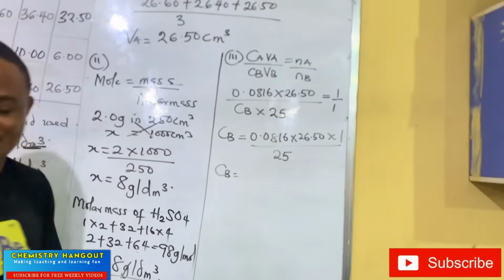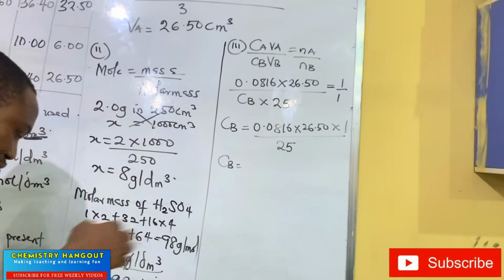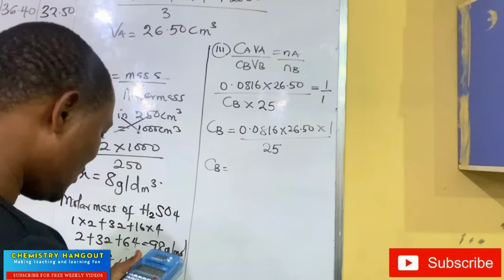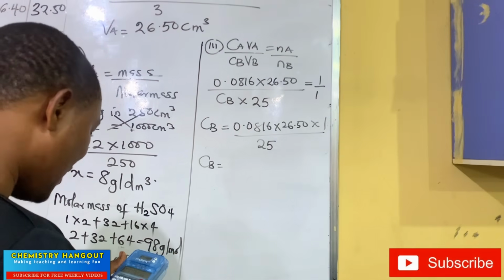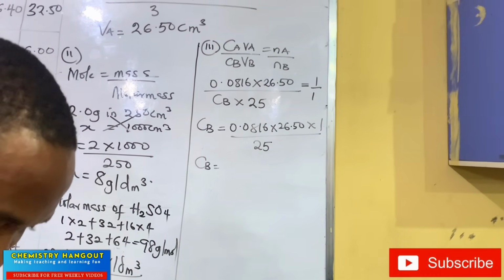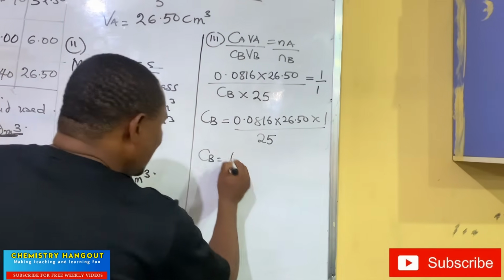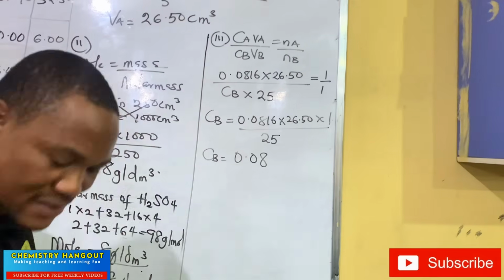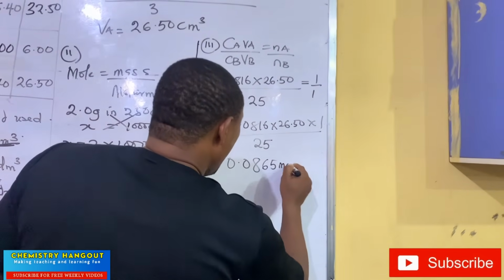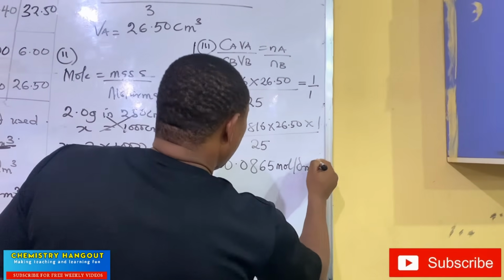Did you see that now? So we have times 26.50 divided by 25. So we have 0.0865 approximately to 3 decimal places. 0.0865 mole per dm cube.